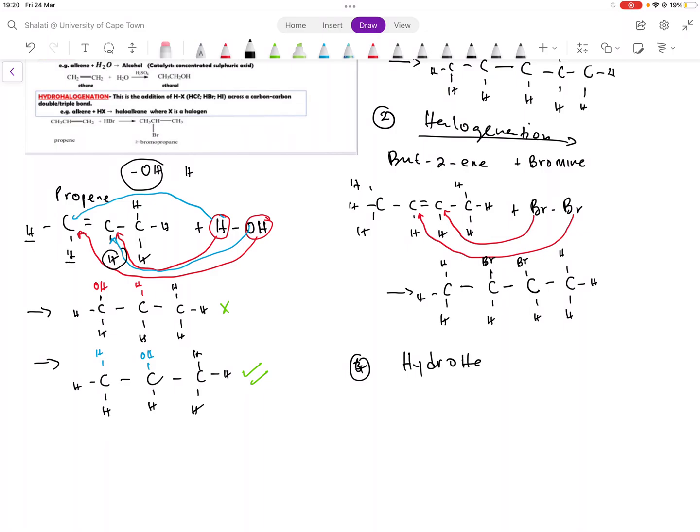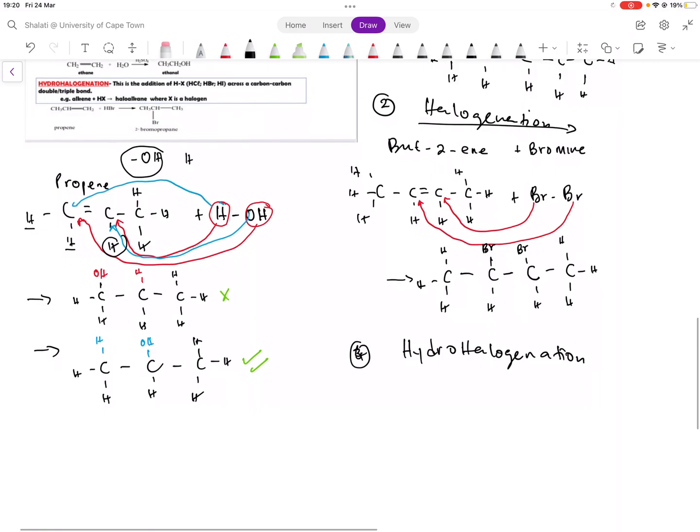So hydrohalogenation is addition of hydrogen and a halogen. So you start with double bonds. I'm going to use propene again. And again, addition reactions occur in unsaturated compounds. That is how you can also differentiate it from substitution.